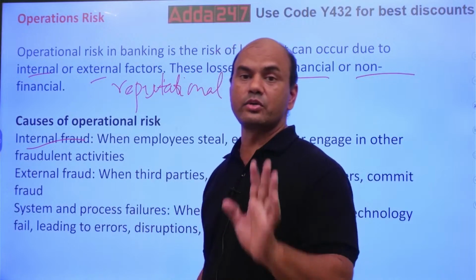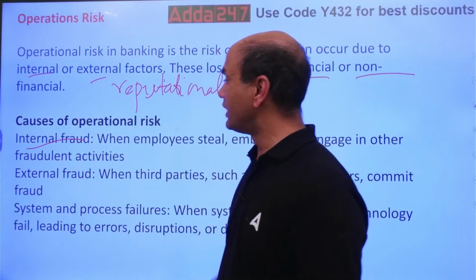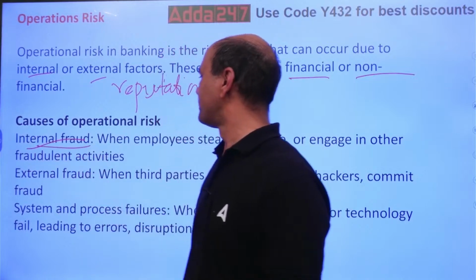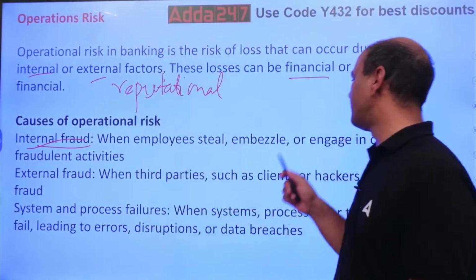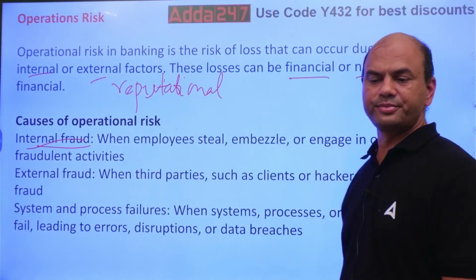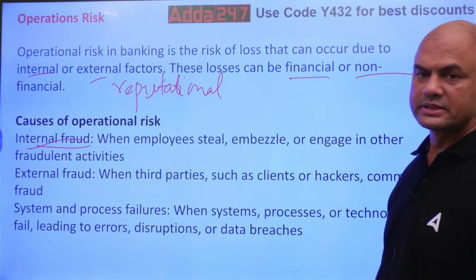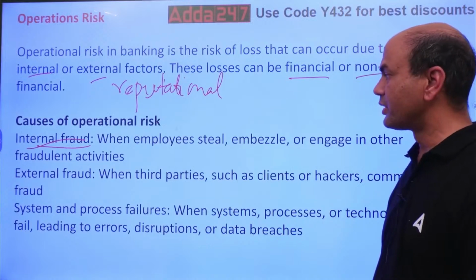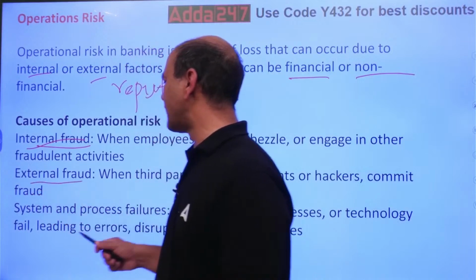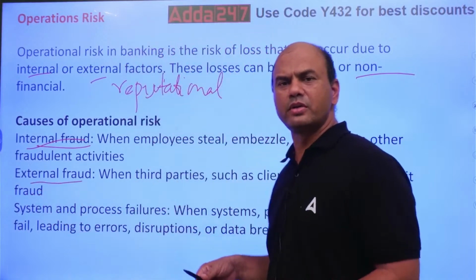So internal fraud is when the employees steal, embezzle or engage in other fraudulent activities. External fraud is when there is a third party, meaning the employee is not involved.